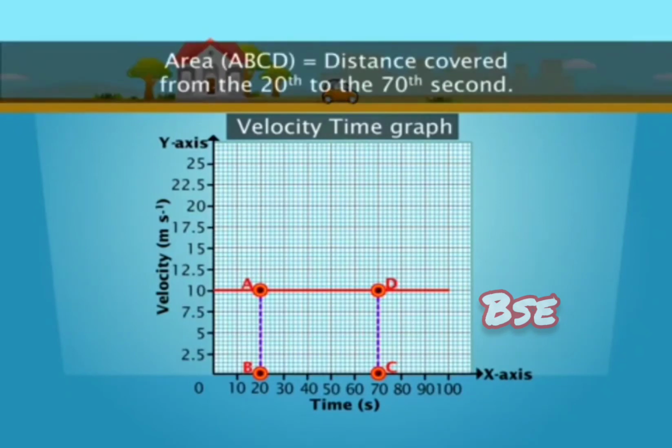The area of quadrilateral ABCD will give us the distance covered by the car from the 20th to the 70th second.